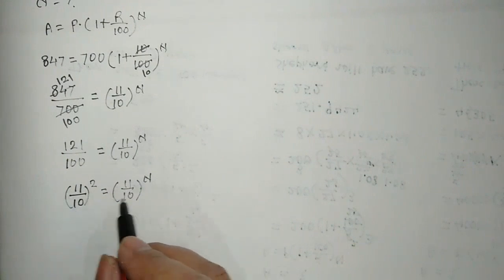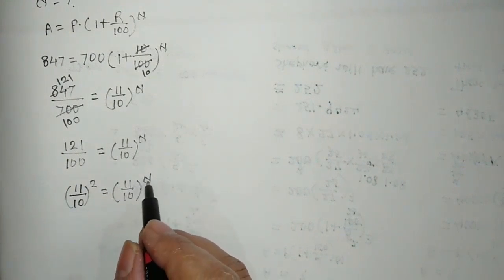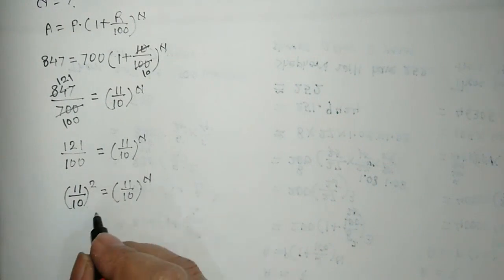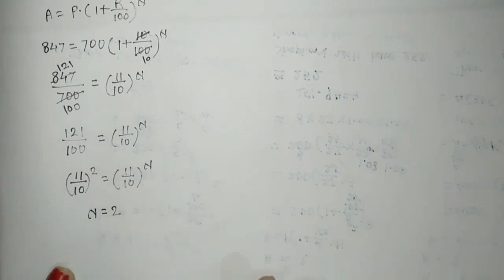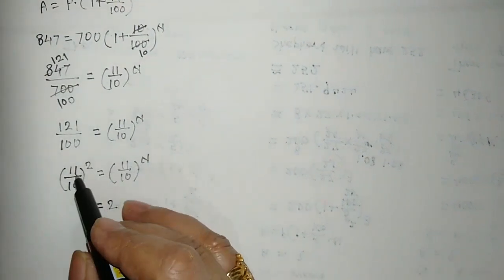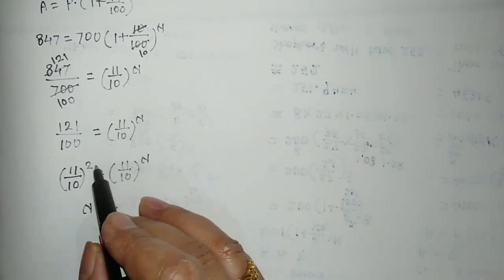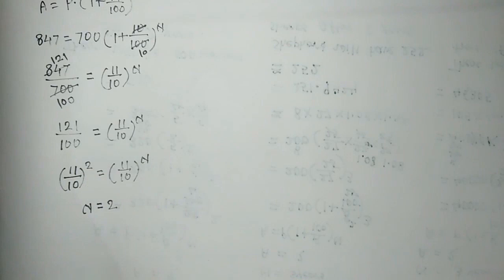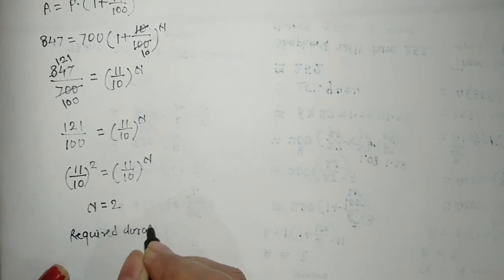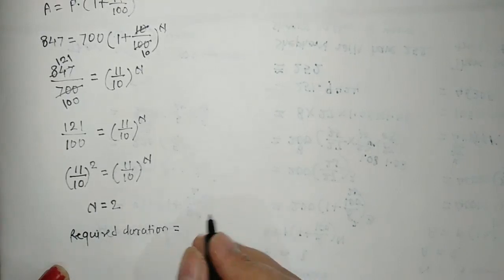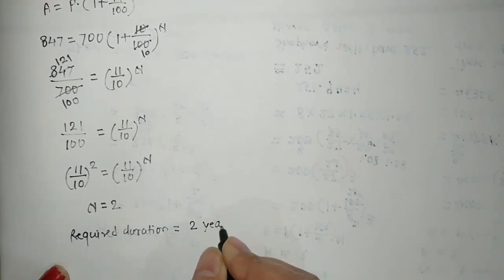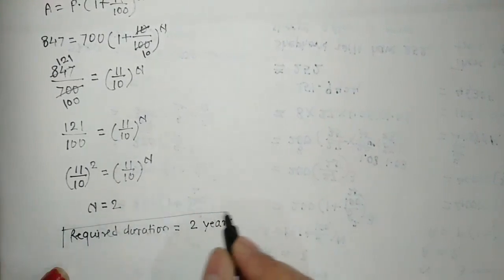If we compare this, then n is equal to 2, because the bracket values are the same, meaning the degrees are also the same. So the answer line is: required duration is equal to 2 years. Very simple.